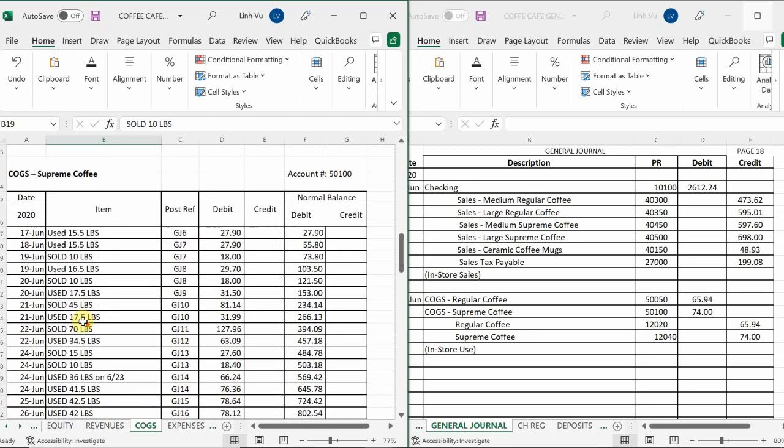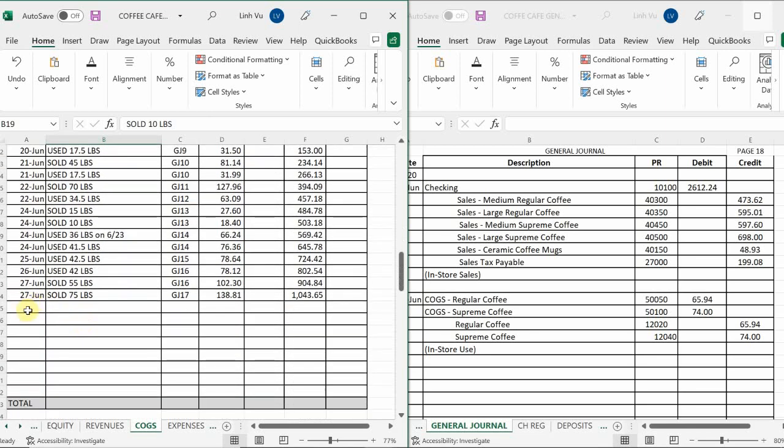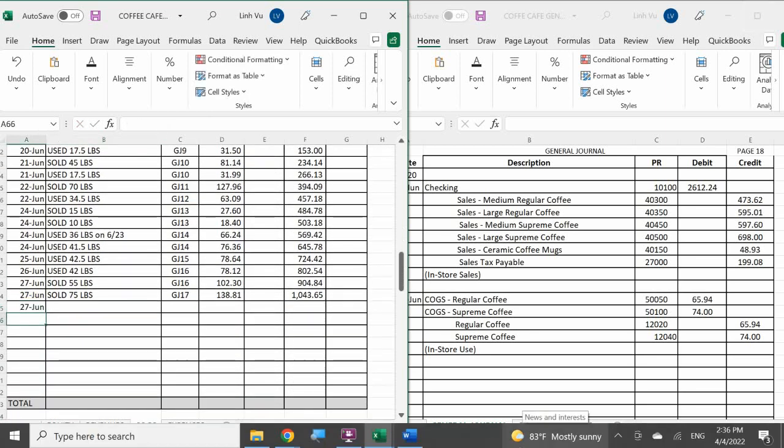We have the Supreme coffee. Okay. We used 40 pounds, which cost me $74.